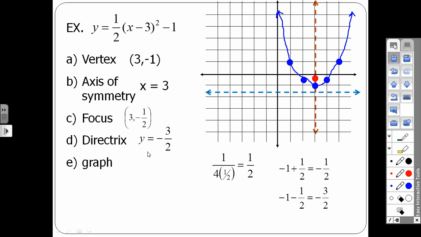And remember, the directrix is an equation of a line, so it's y equals -3/2. And that's it. So you can see how easy that was, as long as you can figure out the 1 over 4a business and realize what direction you're moving, up, down, is it positive, negative, to get to your focus or directrix. Sideways parabolas, left, right. Okay. So let's try another one.